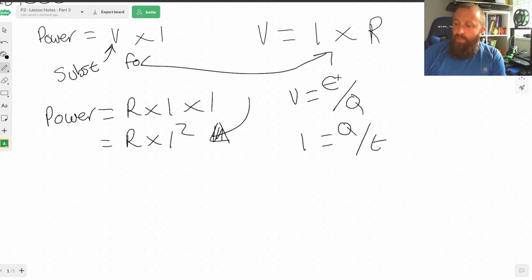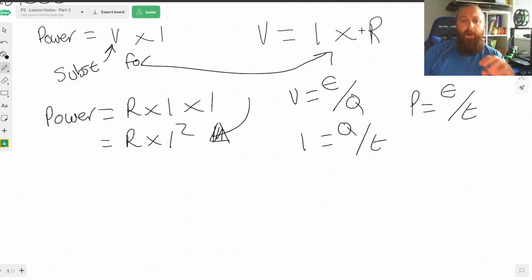So we can go through and cancel these out, because if we look at the top formula up here, we can substitute in and get back to our formula of power equals energy divided by time. So just be aware that all of these formulas are interlinked, and it starts making sense.